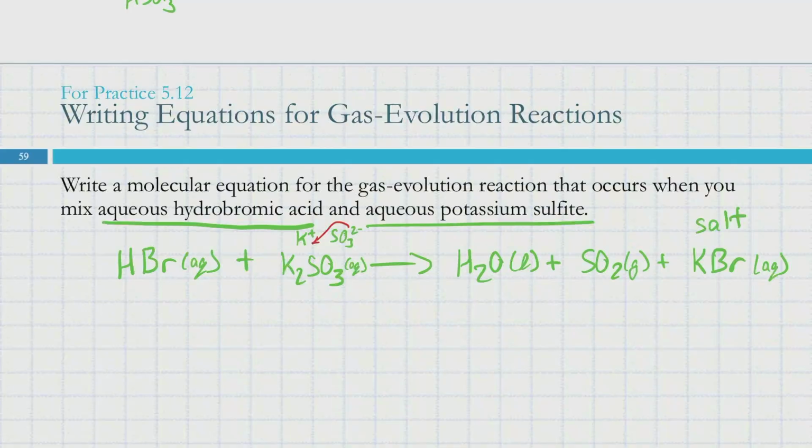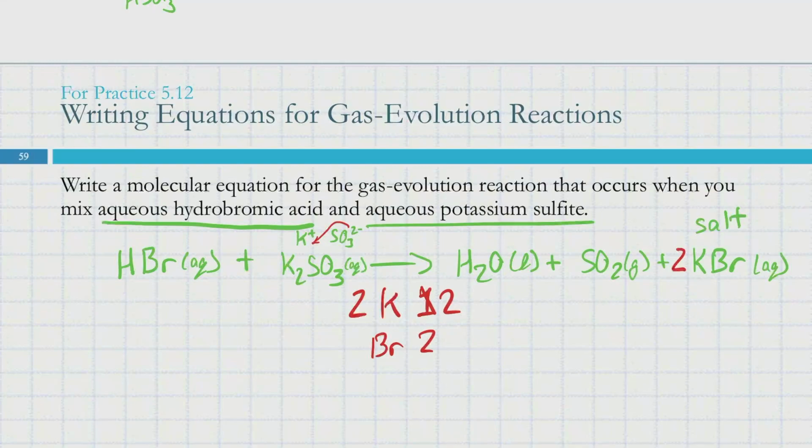And then the last thing to do would be to balance it. So something that's not equal on both sides, the potassium comes to mind. So let's look at our potassiums. We've got 2 on the left, 1 on the right in our KBr, potassium bromide. Add a coefficient of 2 in front of KBr to get our potassiums to balance out. When we do that, our bromides are not balanced.